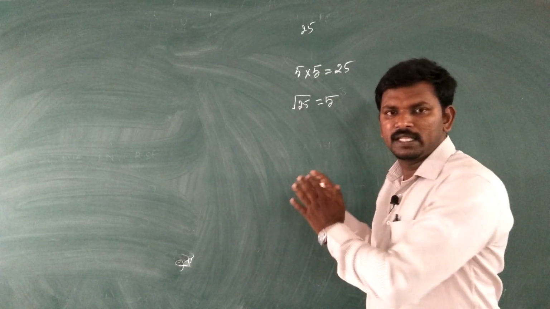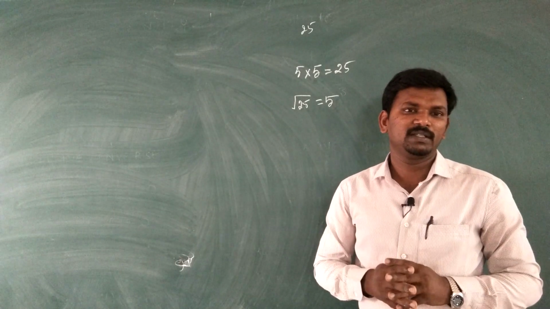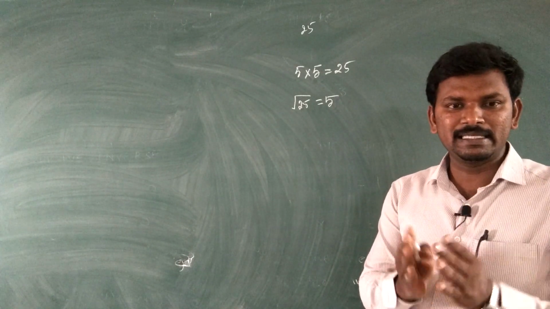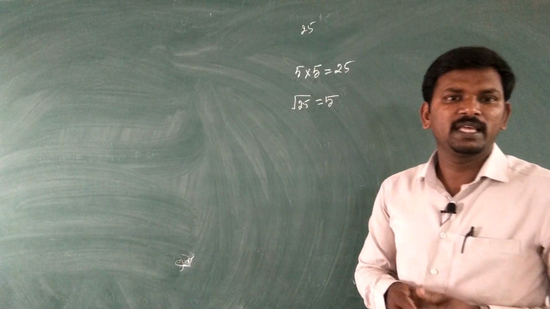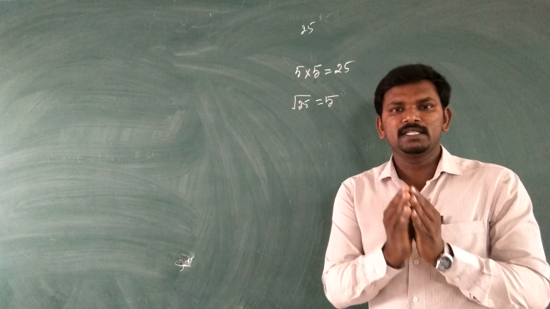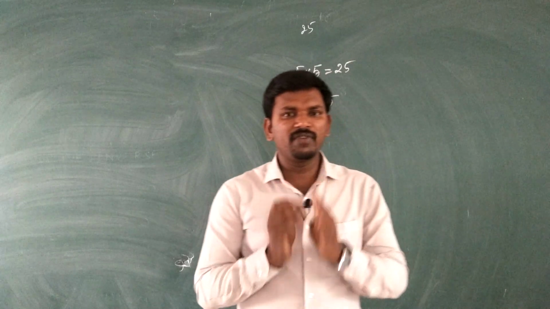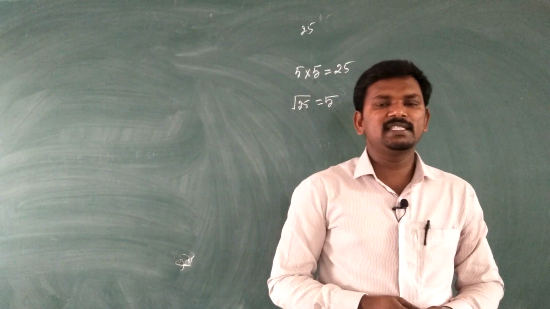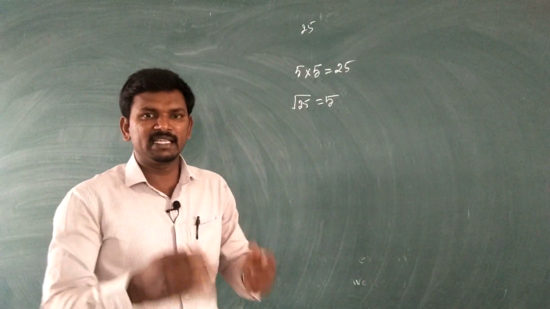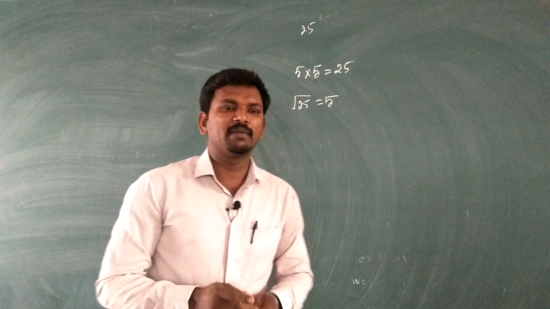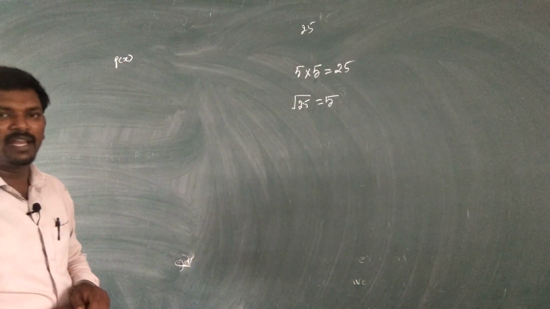But now we are going to study the square root of a polynomial. It is a very simple, easy concept. The square root of a given polynomial is the polynomial which, when multiplied by itself, gives the given polynomial. See, p of x is the given polynomial.